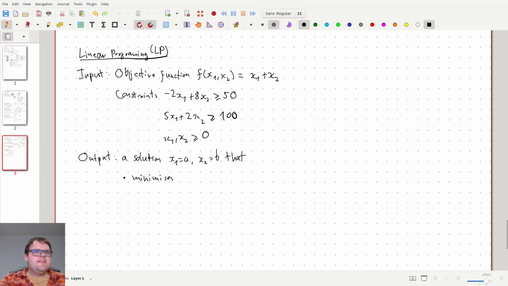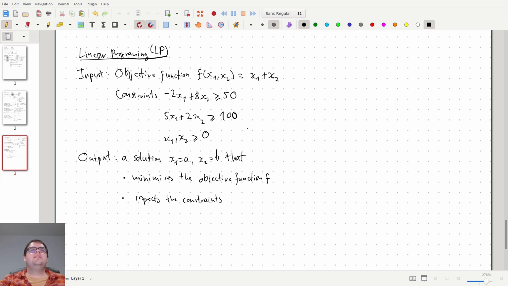Let's say it minimizes the objective function f, subject to the constraints. So it respects the constraints too. It's a solution to the system of inequalities such that the function is minimized.